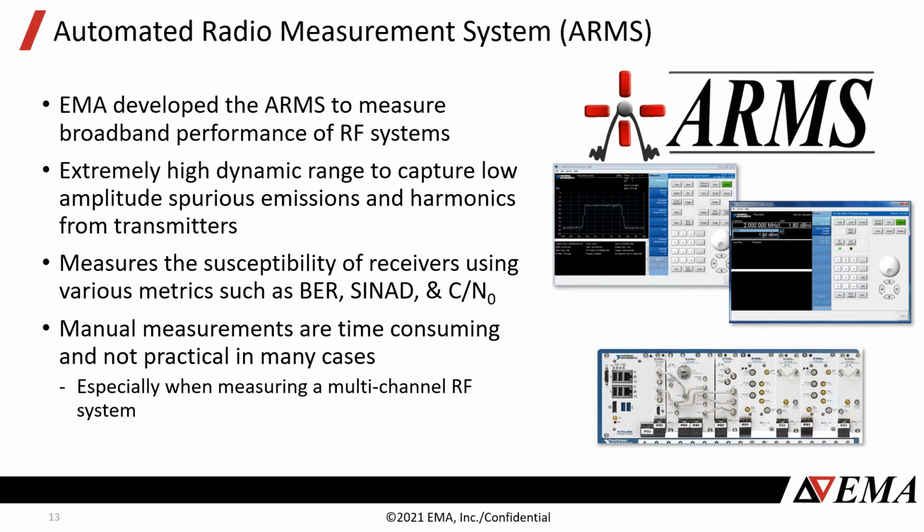As you can imagine, many modern RF systems are capable of operating over hundreds or even sometimes thousands of channels. And so going in and measuring many channels in a manual way is just not practical. Okay, and this is especially true for receiver measurements, and that'll become clear here in a moment when we show you some of the examples and demonstrations.